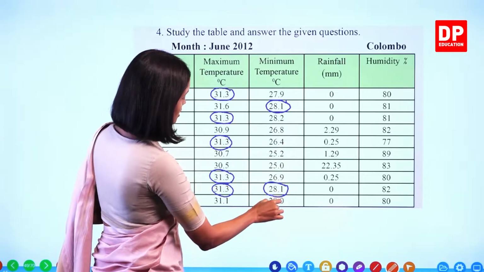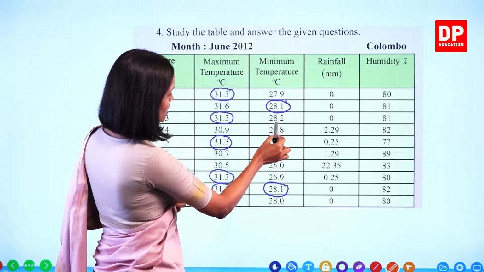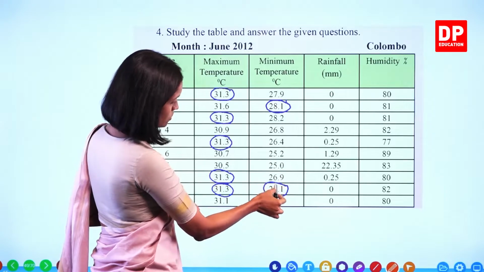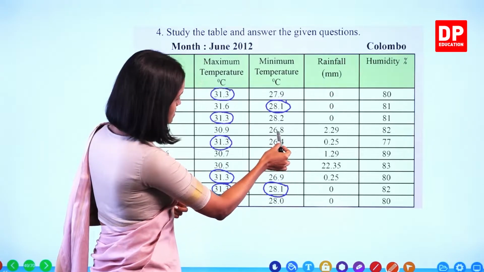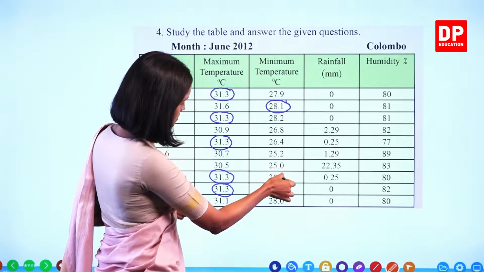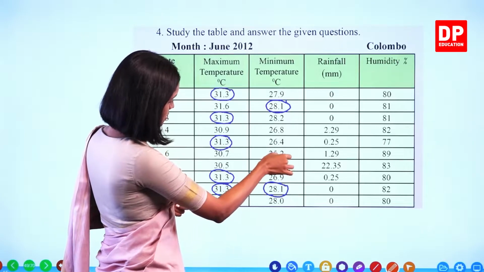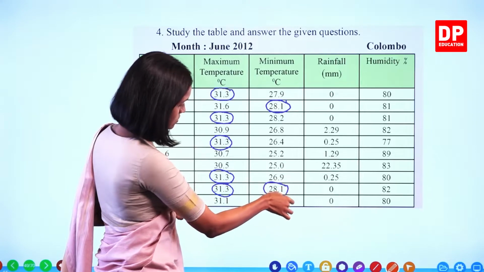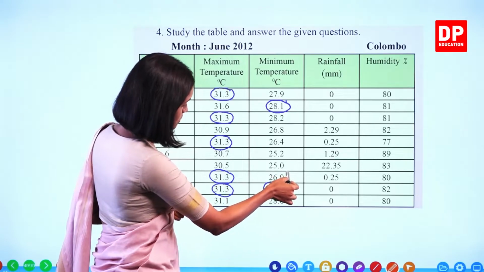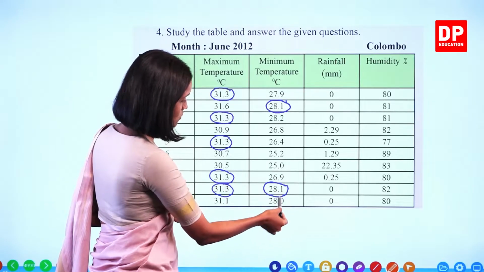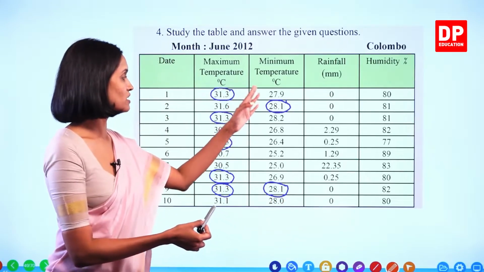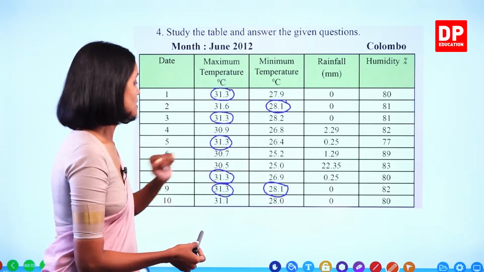No more 28.1s. Here 28.2, nowhere else. 26.8 also, nowhere. 26.4, 25.2, 25.0, 26.9, 28.0. There's only once the temperature.